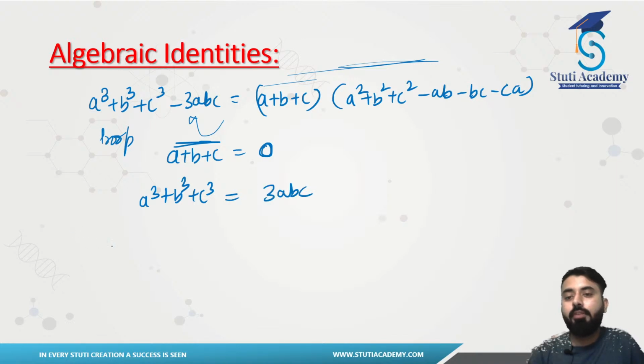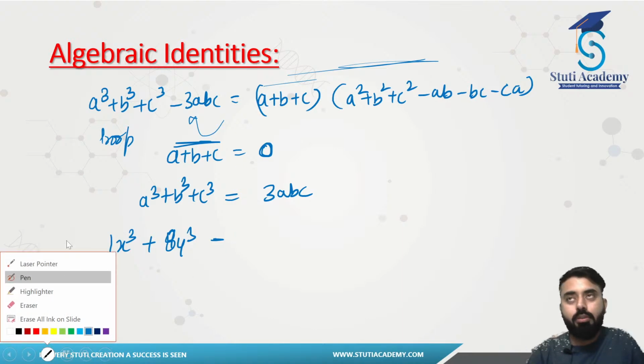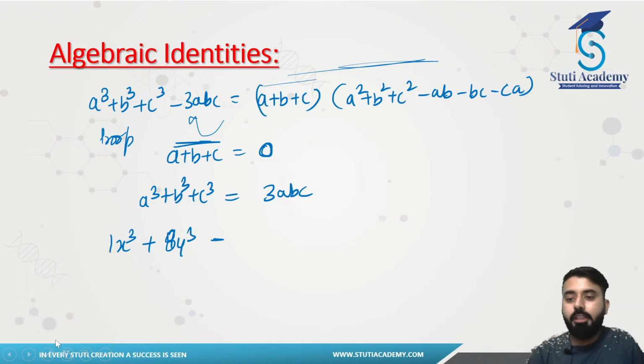That means, let's say I have 1x cube plus 8y cube and negative 27z cube.